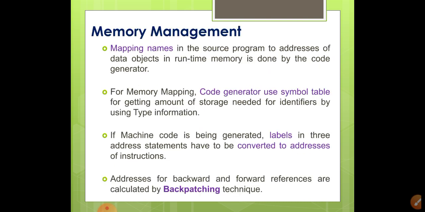Next, we are going to discuss memory management. Already we discussed that the second important function of the code generation phase is that the memory location for identifiers present in a source program should be selected. For selecting these memory addresses, we need to use the information from the symbol table manager, because the symbol table manager contains all the information about the identifier as well as other attributes like memory location, size, and data type of the particular identifiers.